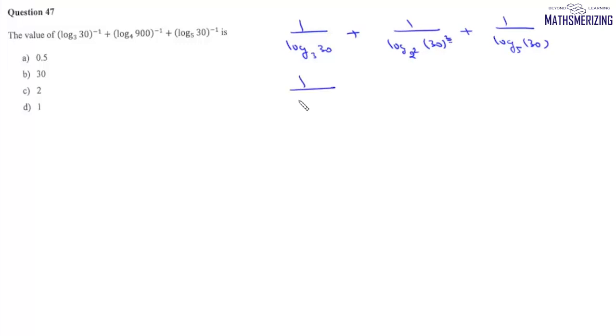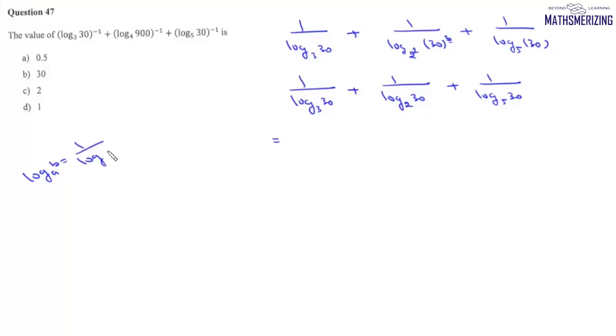So we can actually write this as 1 upon log 30 base 3 plus 1 upon log 30 base 2 plus 1 upon log 30 base 5. Now we'll use the base changing property, which is log b base a is 1 upon log a base b.